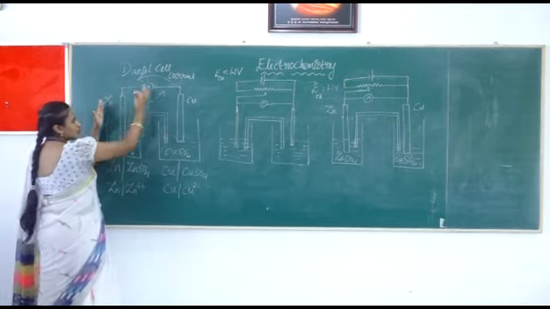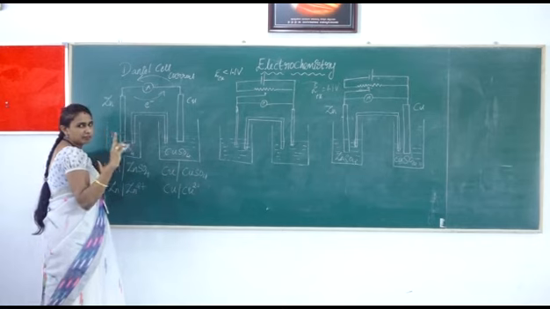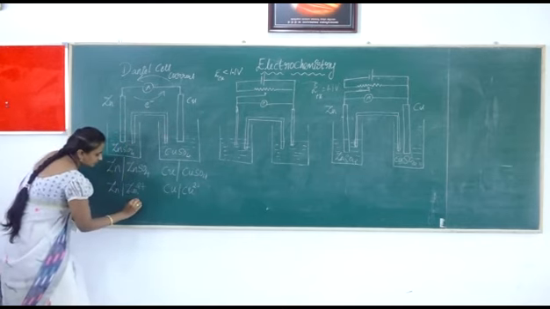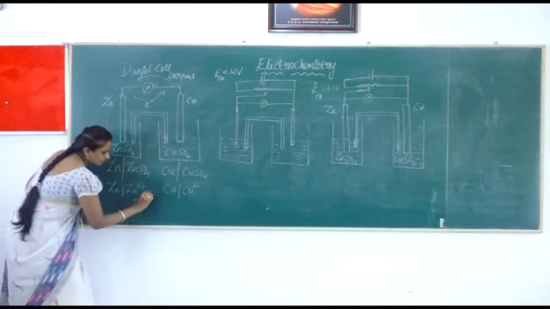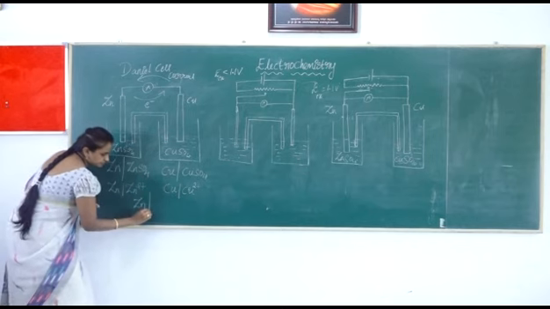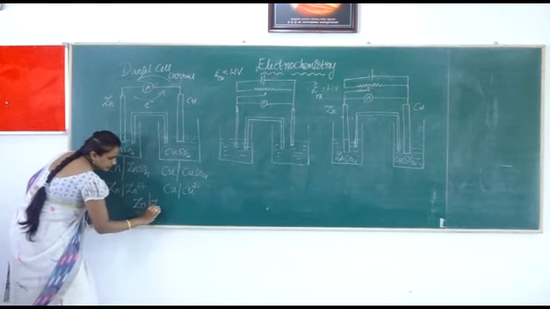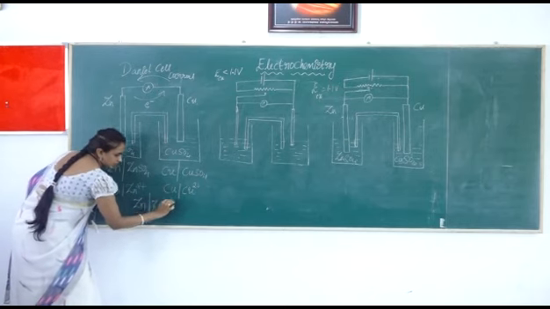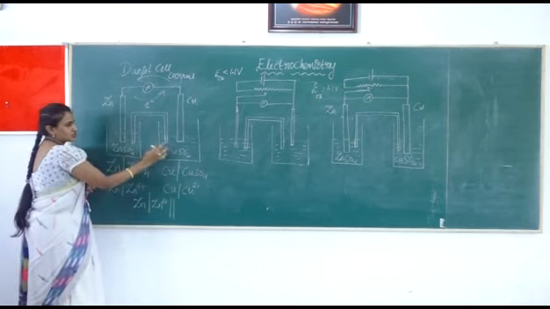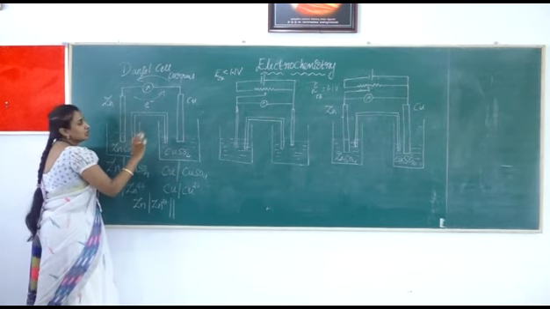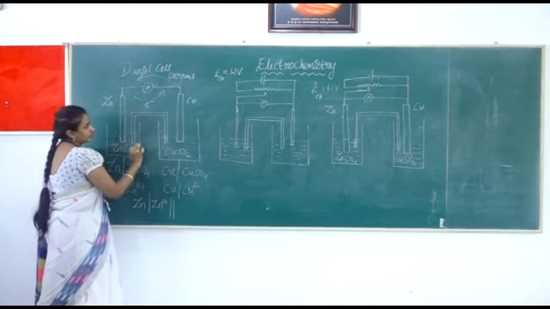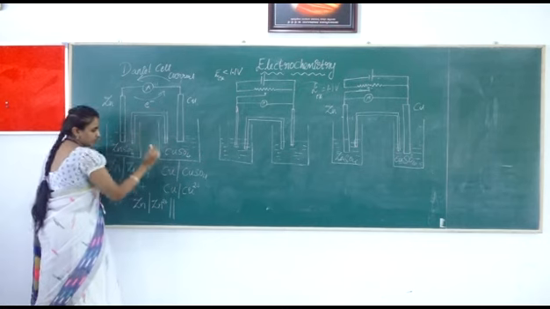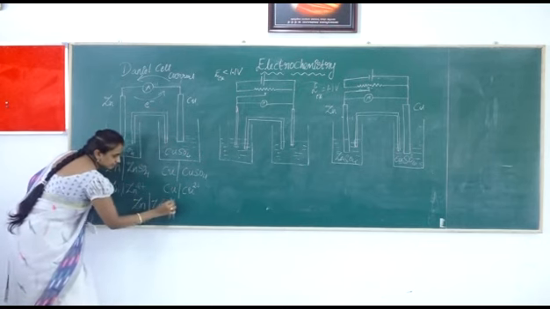Now, this overall Daniell cell can be represented like this. A zinc rod, which is the metal, dipped into zinc sulfate solution. The two solutions are connected with a salt bridge, which is represented by the double line.